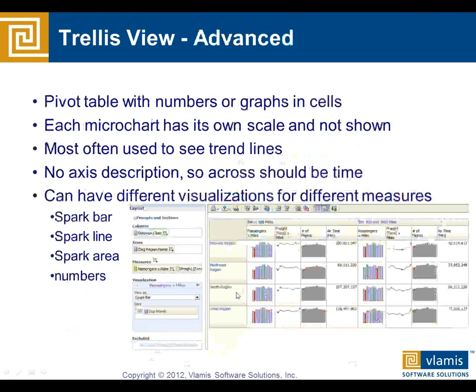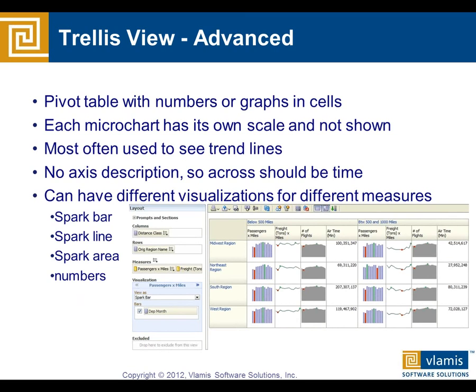In contrast, think of the advanced Trellis charts as more of a pivot table with the numbers or the graphs in cells. Each of those is called a microchart. Each of the measures can have its own scale, and that's not shown.